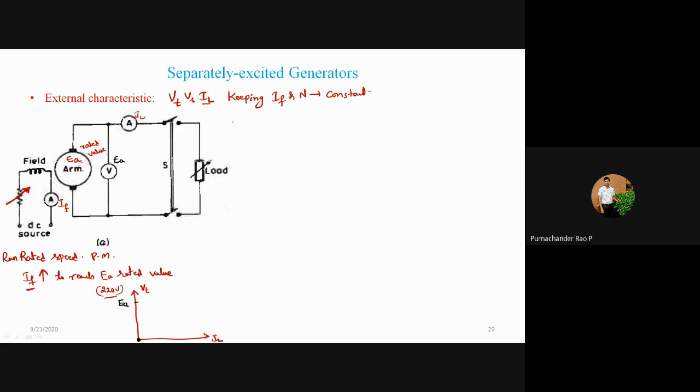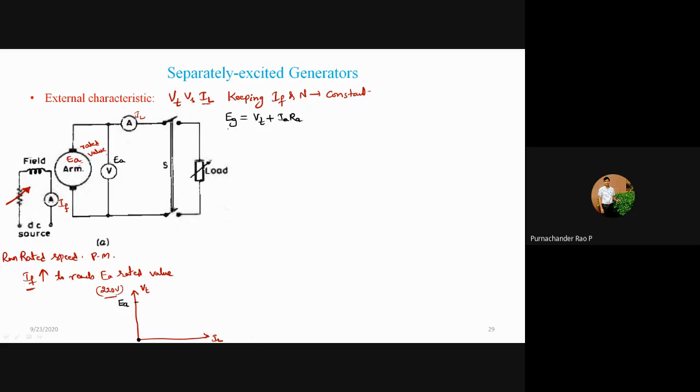As we know, the generated voltage equation for any machine which we obtained is EG equal to VT plus IA RA. Am I right? This is the generated voltage equation for a separately excited machine. We also saw the brush voltage drop, but it is very small. You can neglect this brush voltage drop, and that's why I'm not representing any brush voltage here.